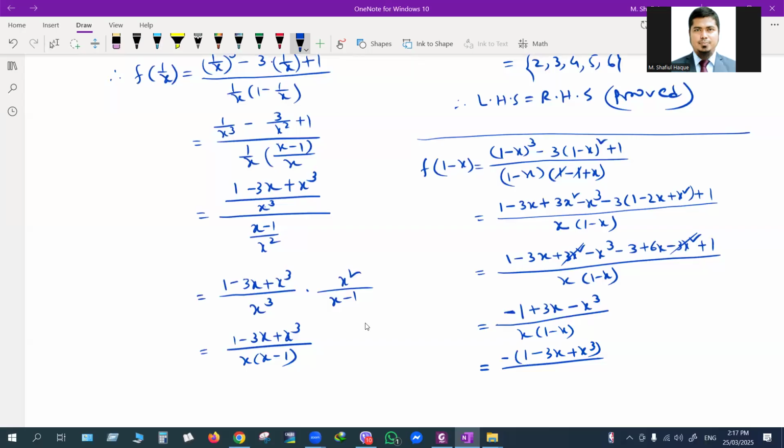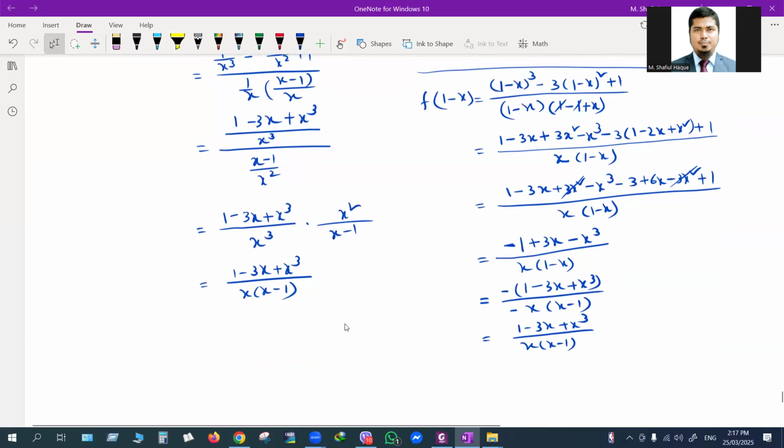In the denominator also, x minus 1, so the minus will be reduced. So 1 minus 3x plus x cubed over x into x minus 1. Therefore, we can see that f of 1 by x is equal to f of 1 minus x. That's all the solution of this.